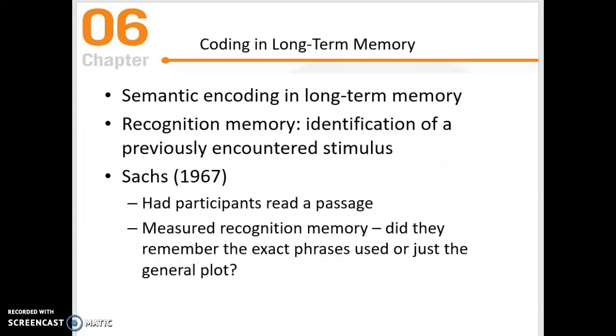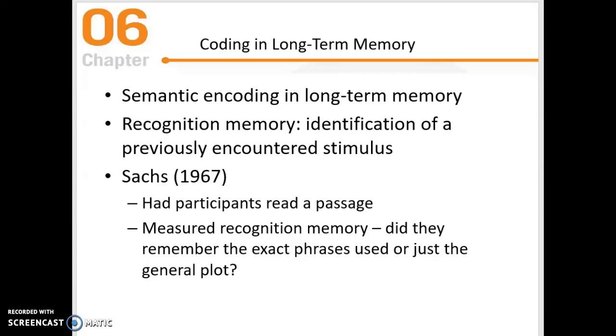For semantic encoding, one of the experiments that is most commonly referred to is Sachs in 1967. He had participants read a passage, and then he measured recognition memory. We did also last week talk about the difference between recall and recognition.